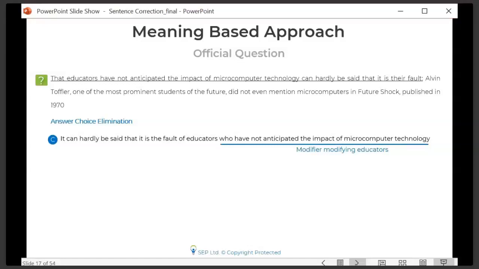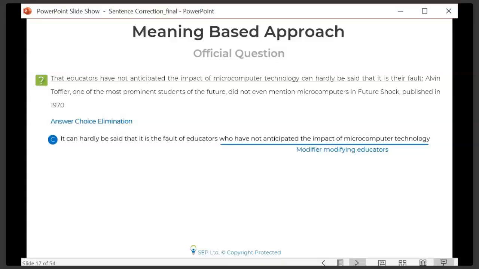Now, this is a relative pronoun clause, okay, beginning with a relative pronoun who, and it is modifying the educators. For those of you who have grounding in sentence correction, you would know that the relative pronoun clause modifies the antecedent noun or the nearest noun. So here, information is being given to you about educators. All right.